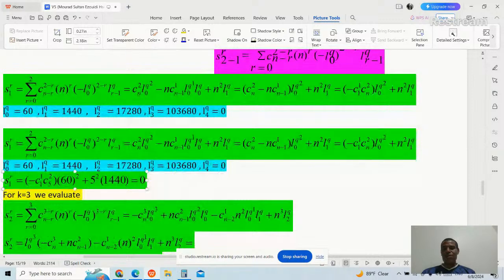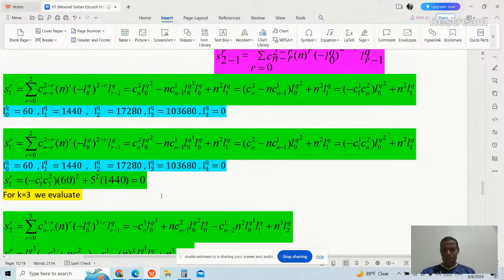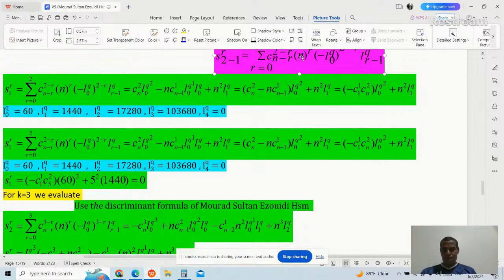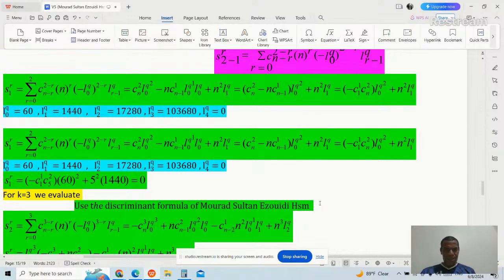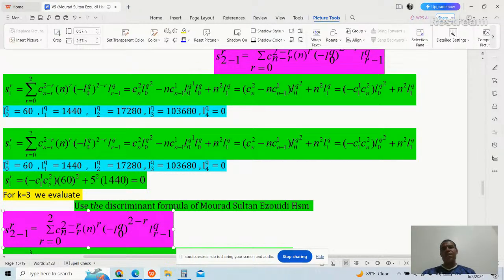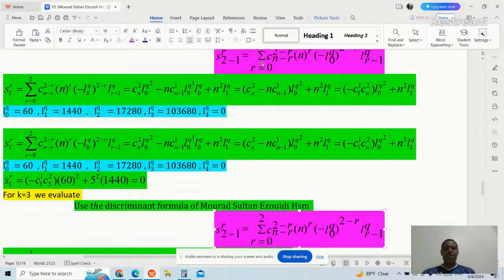To find S2, learners, you should set k equal to 3. Which means what? I'll just interfere to explain this for you.